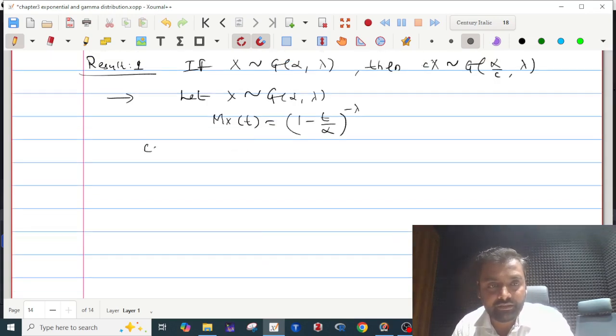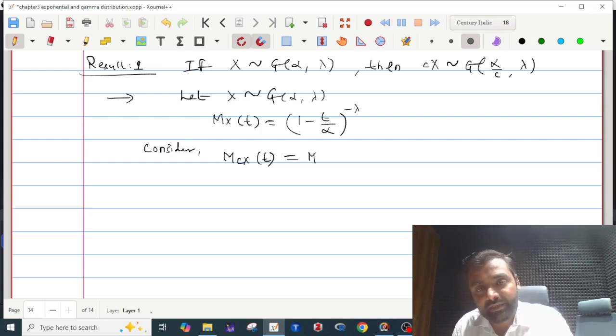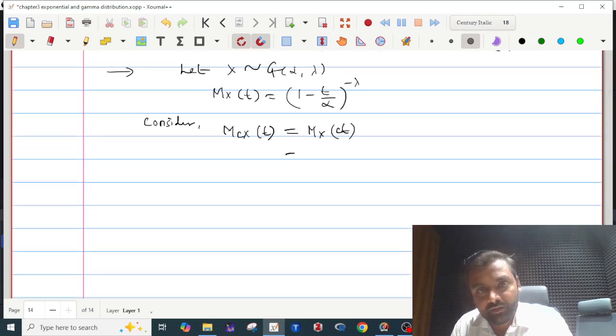So consider the MGF of cX, which is nothing but MX(ct). Replace t by ct.